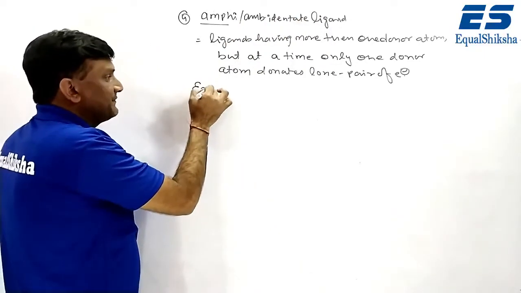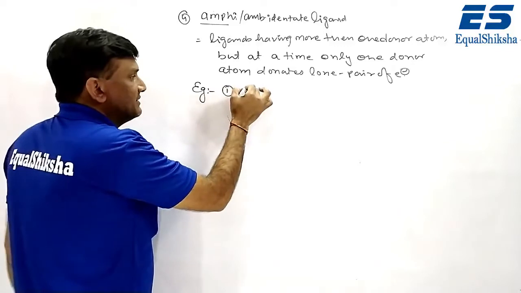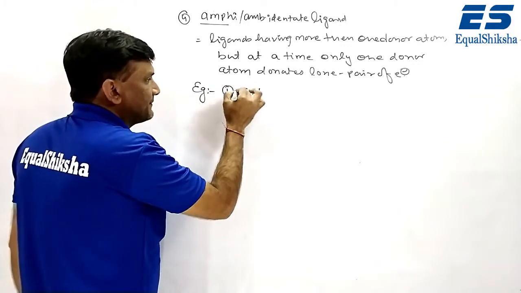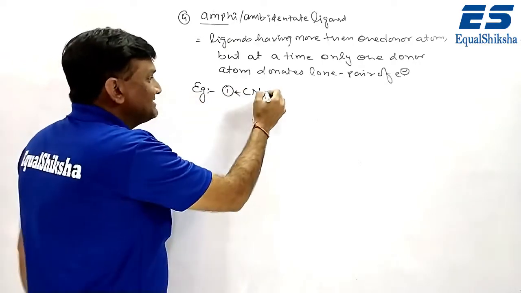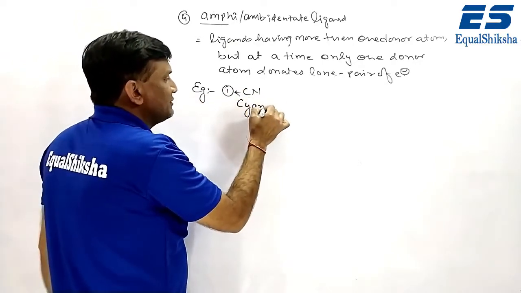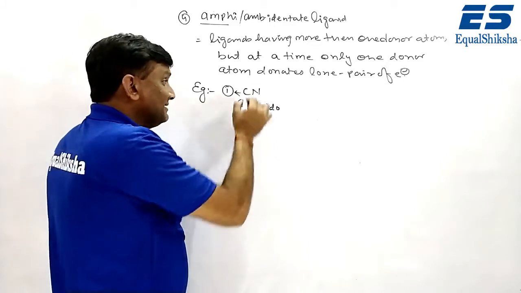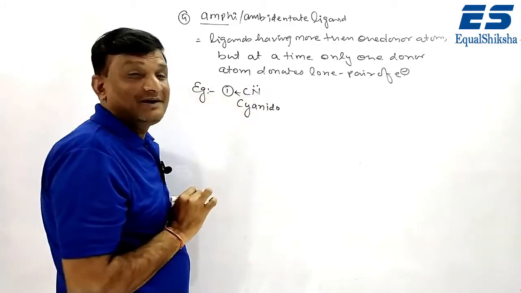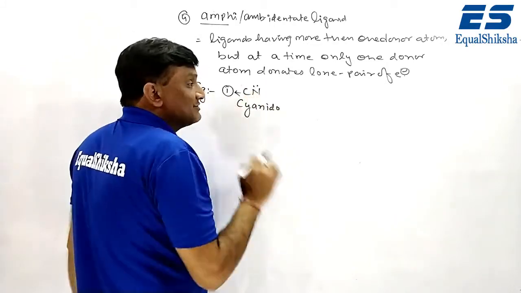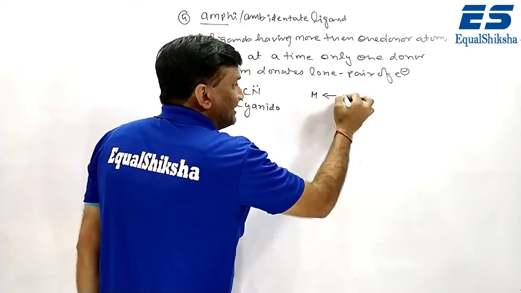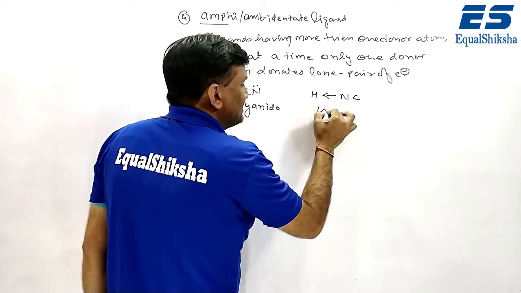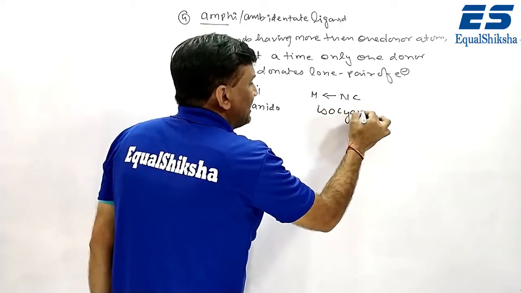The first example is CN minus. If carbon donates the lone pair, then its name will be cyanido. But nitrogen also has a lone pair. Whenever this nitrogen donates the lone pair of electrons to the metal atom, then it is known as isocyanido.